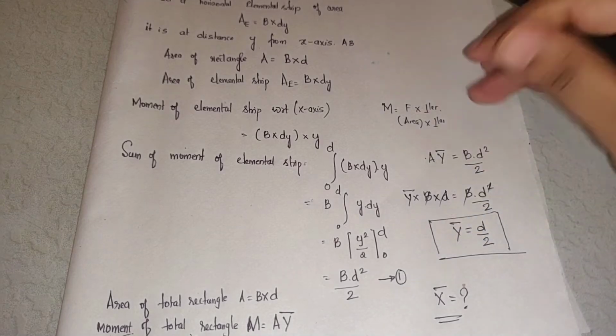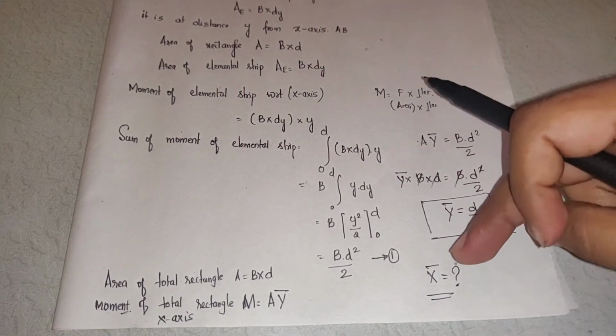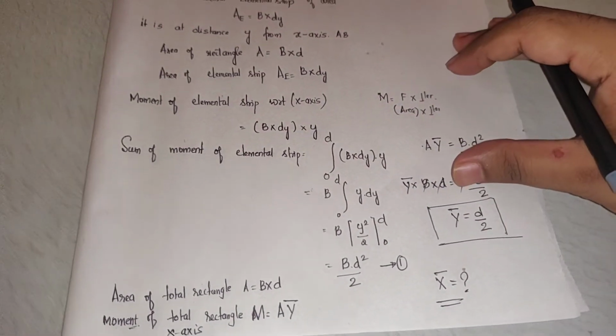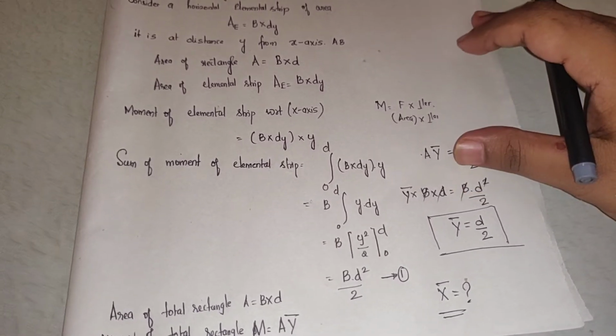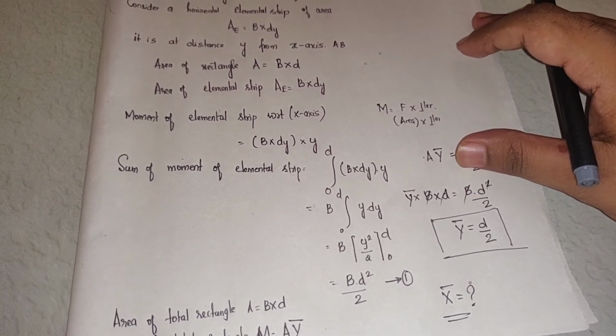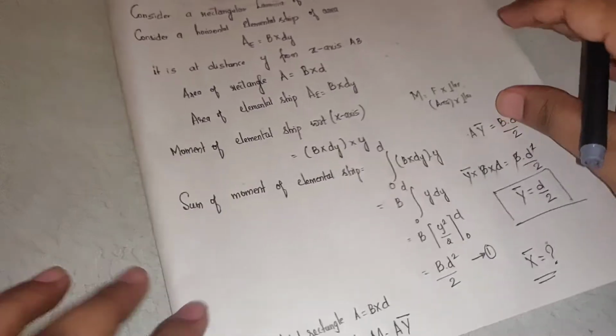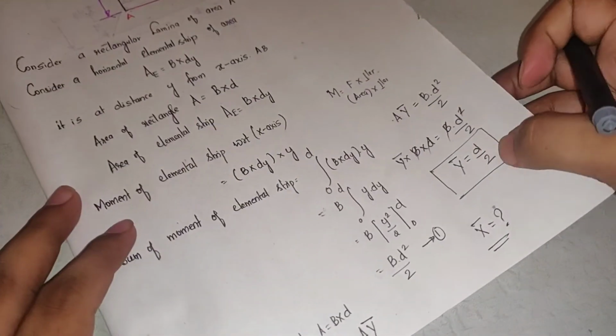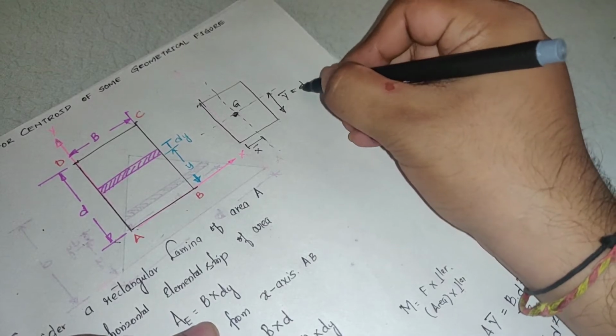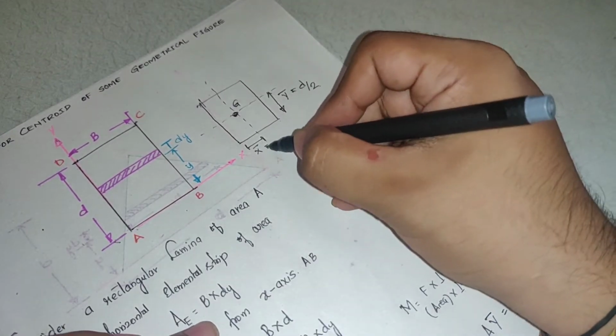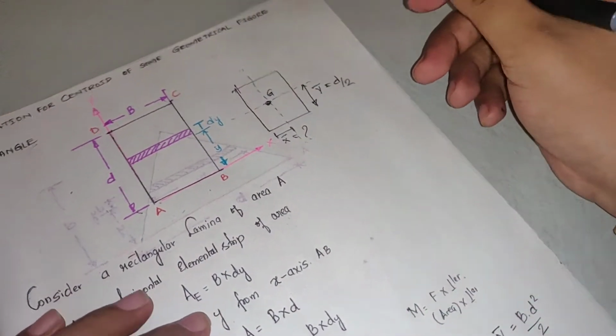Similarly, in order to calculate x bar, how will you calculate? You solve this and get back to me. This is your assignment for today. So we calculated that y bar is d by 2, and now you calculate x bar. Okay, moving on to the next.